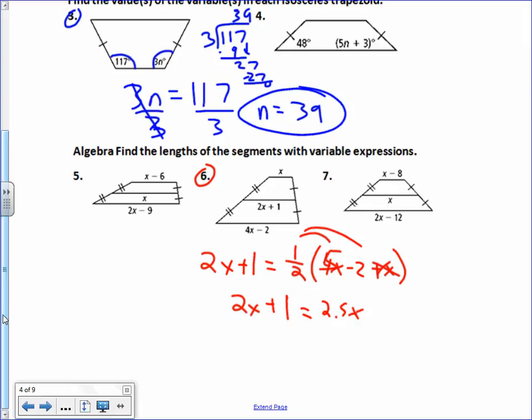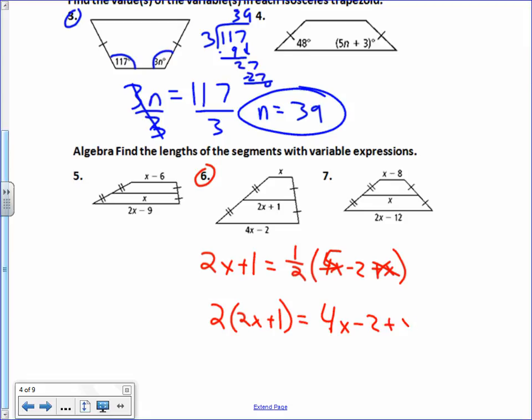Then I'm going to have to double everything anyway. Well, yeah. How about we do it the other way? Instead of setting it up like that, let's do 2 of the 2x plus 1 equals 4x, I'm all over the place here, minus 2 plus x.